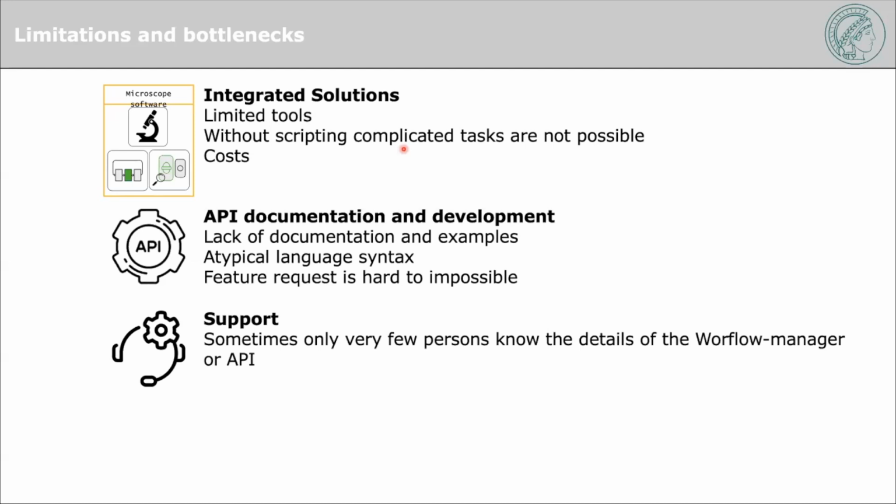Support also depends on the company size; sometimes only very few persons know the details of the workflow manager or API. So when we're using these solutions, we either have to help ourselves, or if we ask, they try their best. I found really people that help us, but there are not so many. And they cannot do miracles. They help if they can.